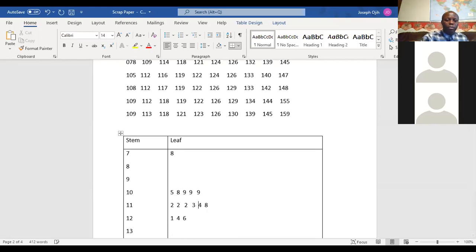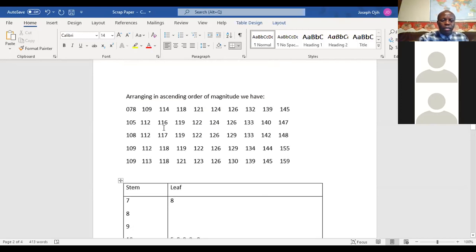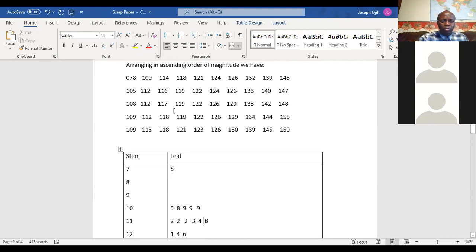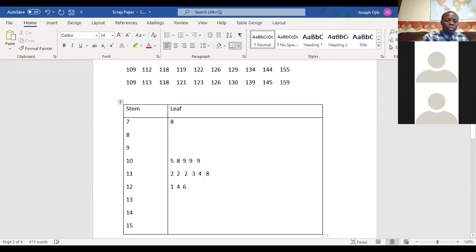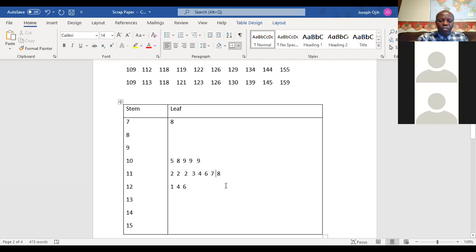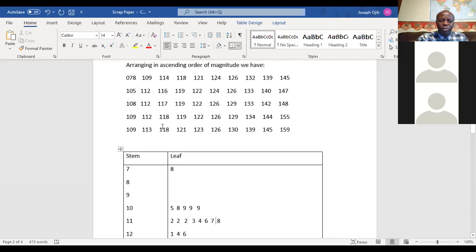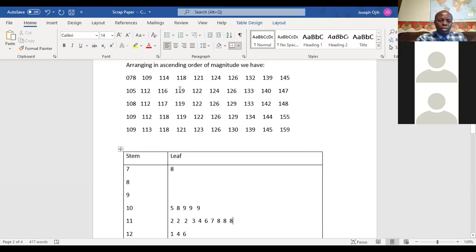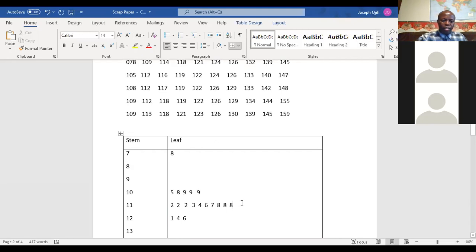You can see the 113 before 114, then 116, which is right here, and then 117. Then we have 118, which we have here already. We have one of them, but there are 3 of them, so we're going to put the remaining ones. 8. And you got 3 9s. So 119, 3 of them, right? Yeah. So 119.